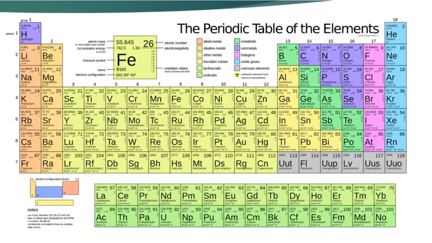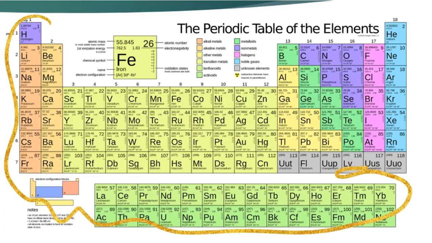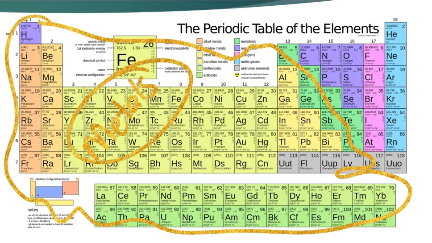Okay, over here, well, pretty much most of the table, all of this and pretty much all of these guys are metals. Okay, they're the metals. So these atoms have all of the different physical properties, or most of them, that a metal has. They're malleable, they conduct electricity, they conduct heat, they have luster, all of those properties these guys have.